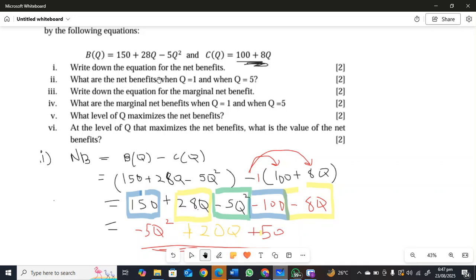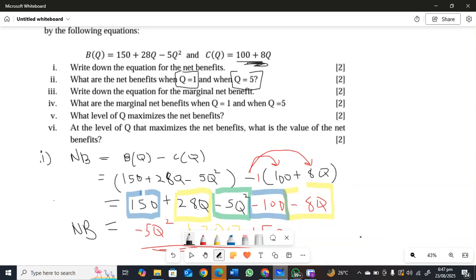What are the net benefits when Q equals 1 and Q equals 5? Okay, so here, colleagues, since you have already got the net benefit equation, it's just a matter of substituting Q equals 1 and Q equals 5 into your net benefit equation.